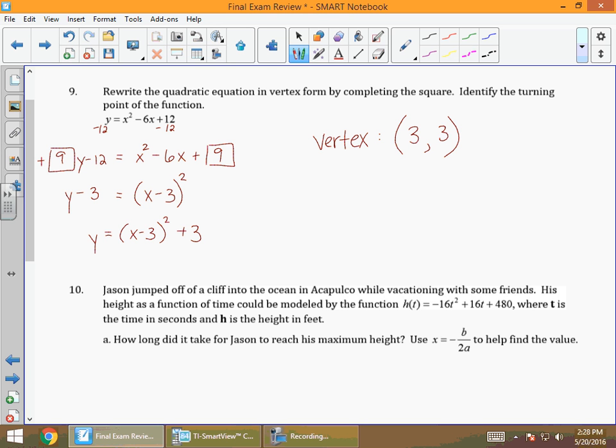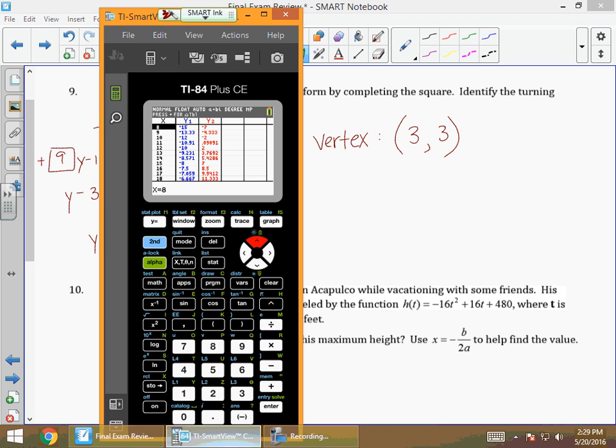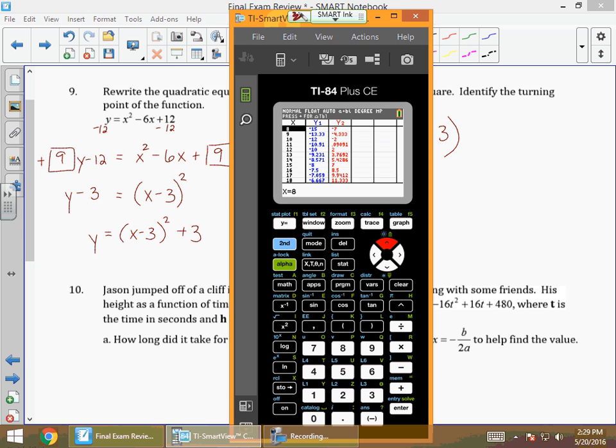So a 3. Now we talked a lot about how the calculator can help you. One of the things I can do is bring up the calculator and go to y equals, and put in x squared minus 6x plus 12. This one's not really about being able to complete the square; the calculator is not going to do that.